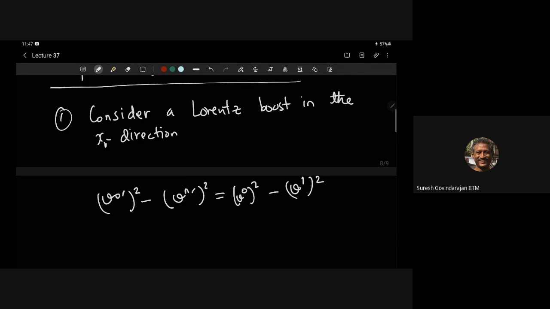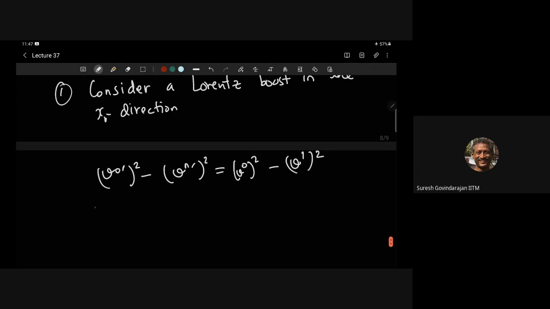Okay, and it follows. This needs only this simple identity that cosh square phi minus sinh square phi is equal to, what is this equal to? 1. Okay. Just like under rotations, okay.